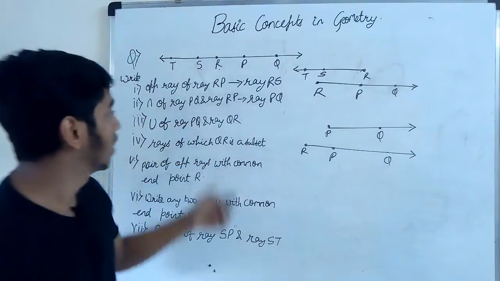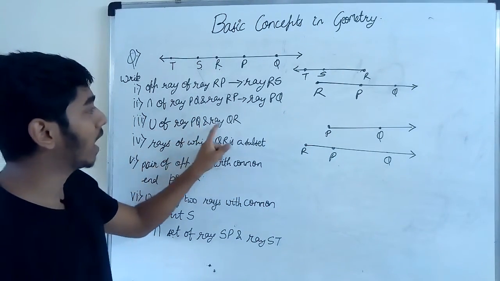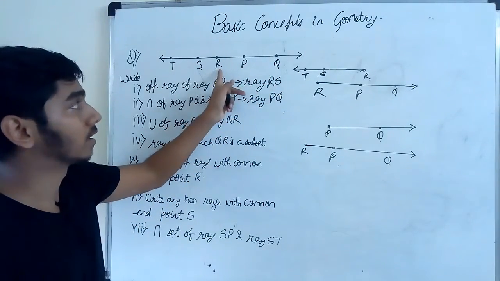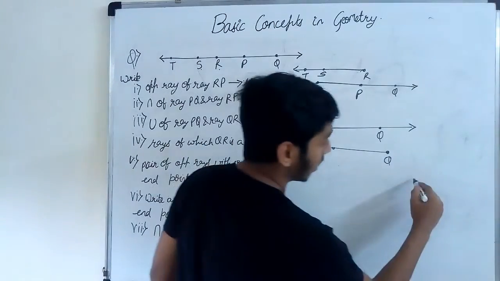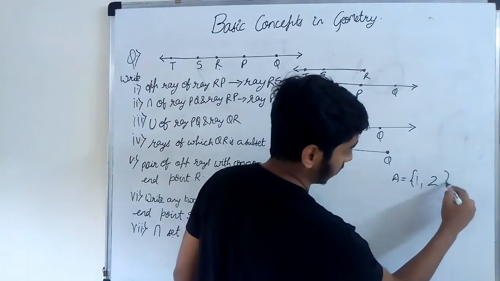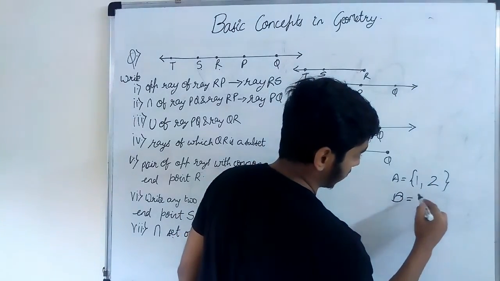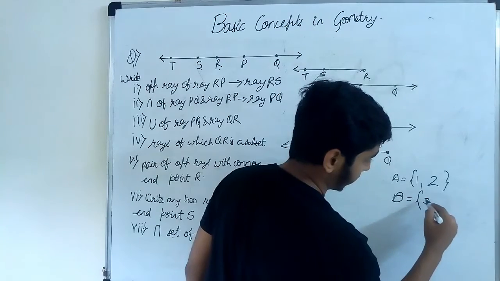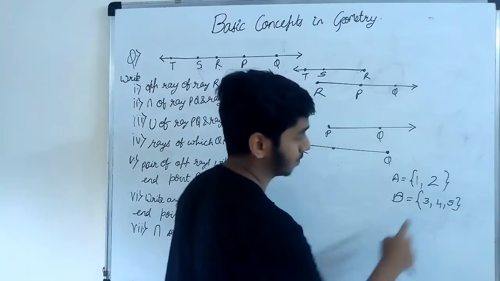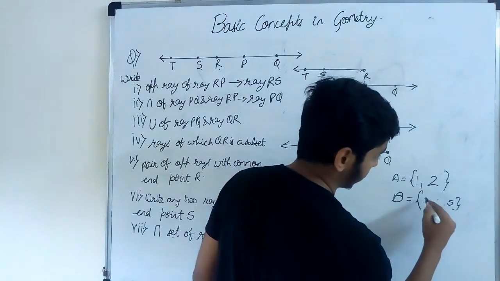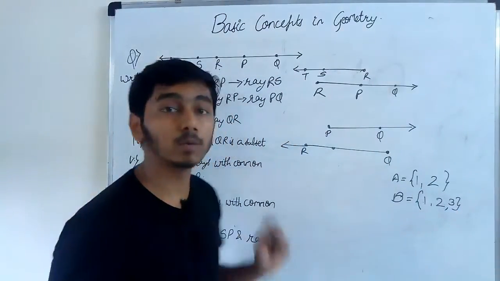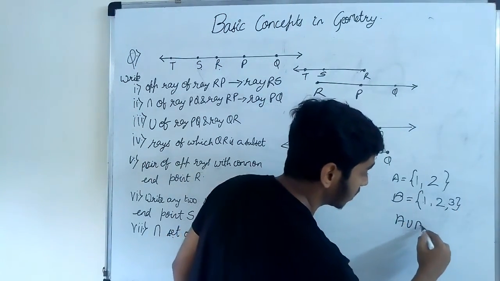So if you see this diagram, now the union of ray PQ and QR. You know that if A has 1, 2, and B has 1, 2, 3, then between two sets like this, A union B is what?